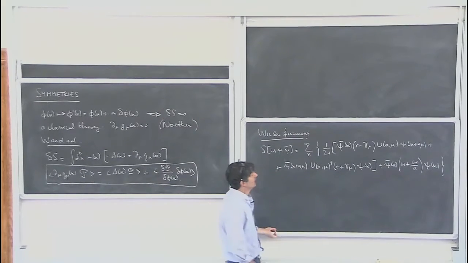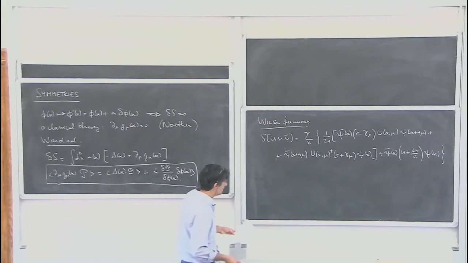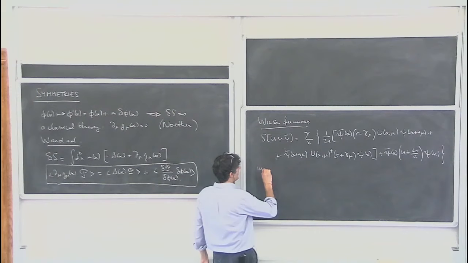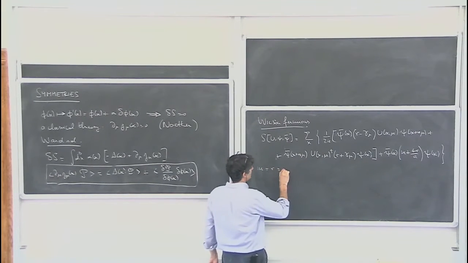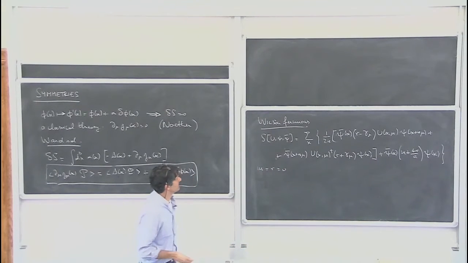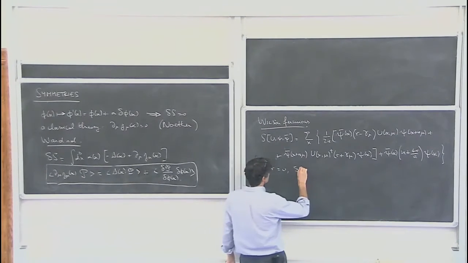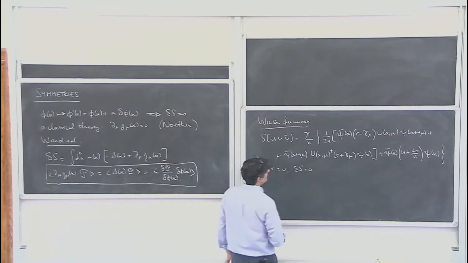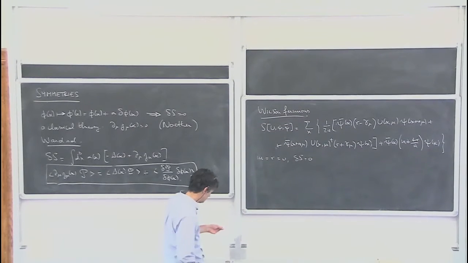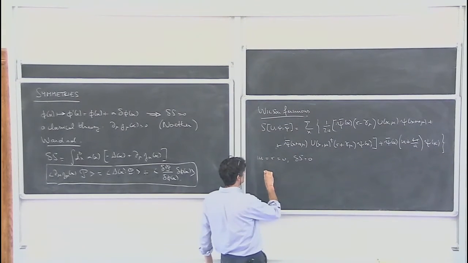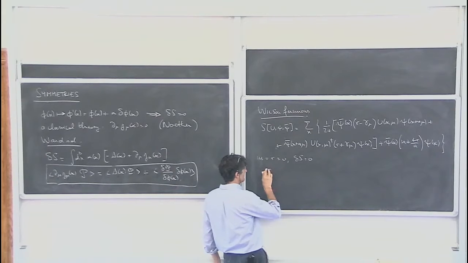Okay? So you see here, if both m and r are set to 0, then the action is symmetric under chiral transformations. Okay, let me write explicitly the chiral transformations.